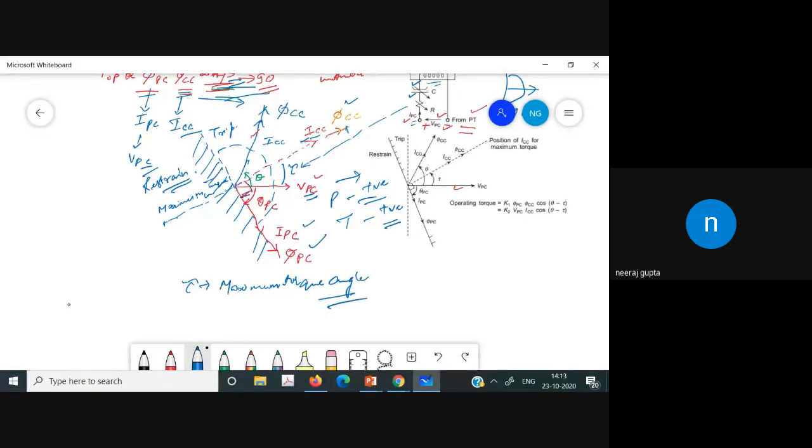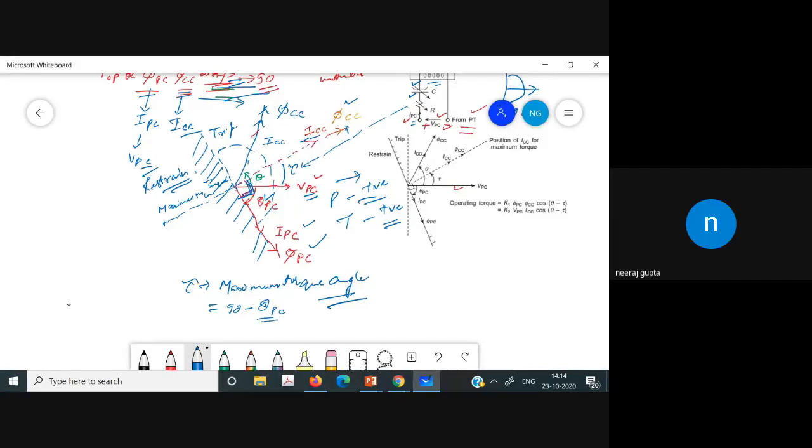Now, from this relation, we will see that this maximum torque angle tau is equal to 90 minus theta PC.